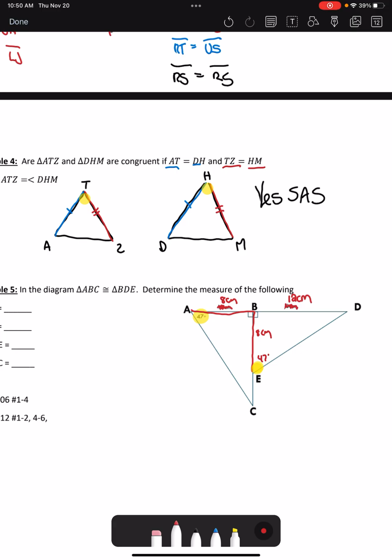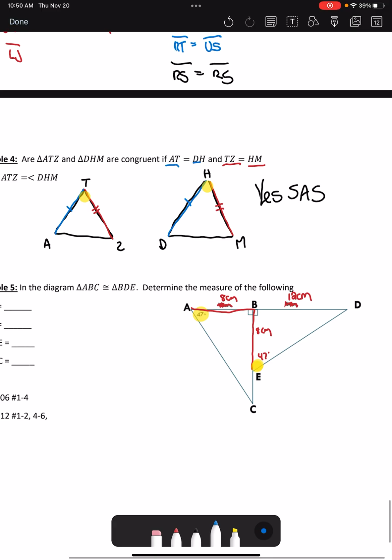We see a triangle, 90 degrees, so we can find the third angle by going 180 minus 90 minus 47, and that gives me 43 degrees. So this angle right here is 43 degrees, which is congruent with angle D, 43 degrees.